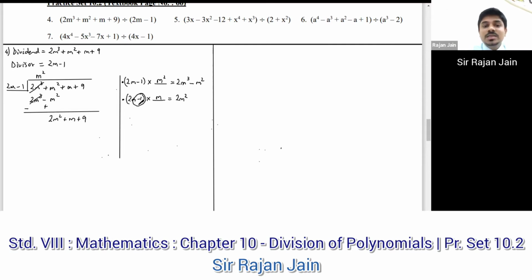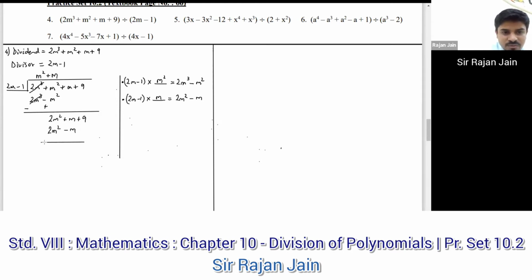By default even the second number gets multiplied. Minus 1 into m will give me minus 1m. But one coefficient लिखते नहीं है. So I just write minus m. Whatever I have written over here becomes a part of your quotient. Okay. So इधर में लिखेगा plus m.